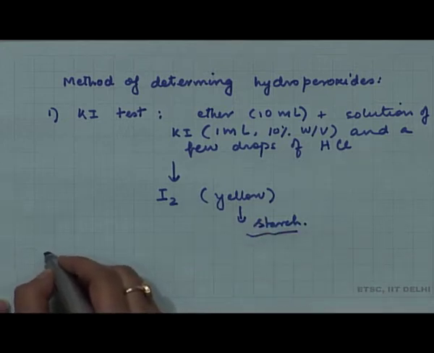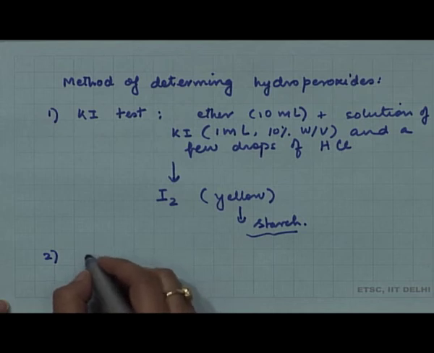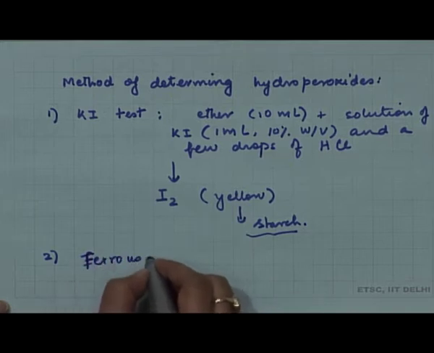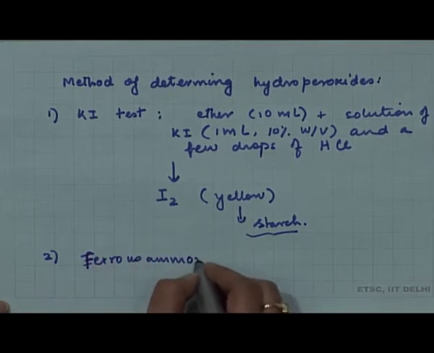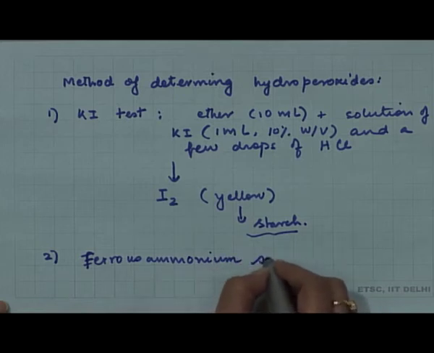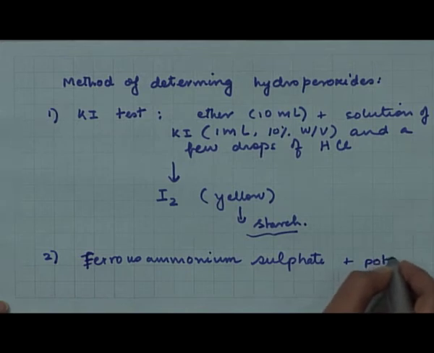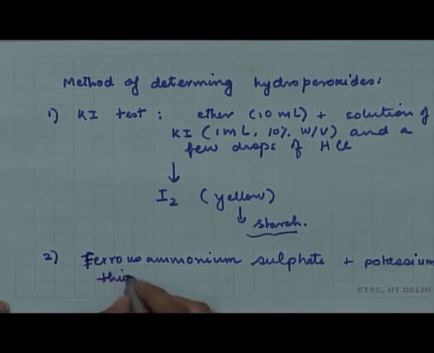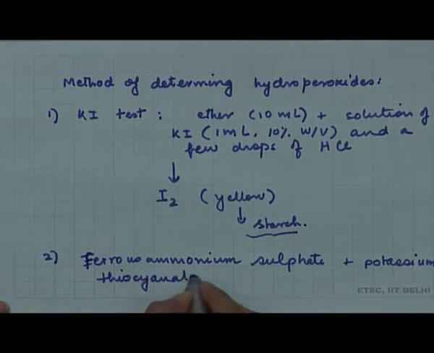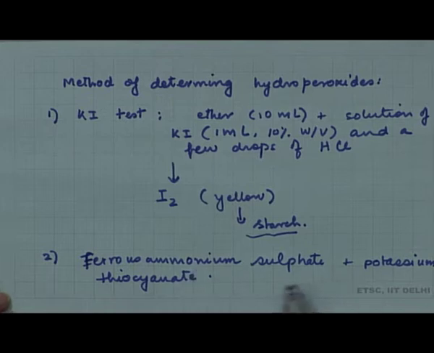Another way of determining this could be by treating it with ferrous ammonium sulphate and potassium thiocyanate solution. You take the ether solution and shake it with a mixture of ferrous ammonium sulphate and potassium thiocyanate aqueous solution.